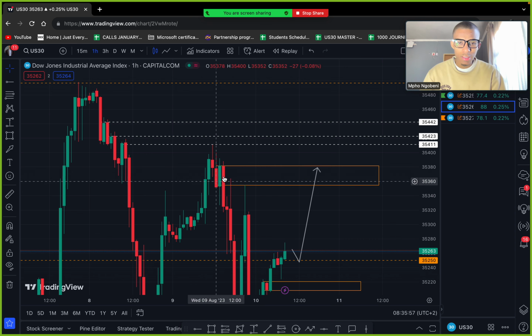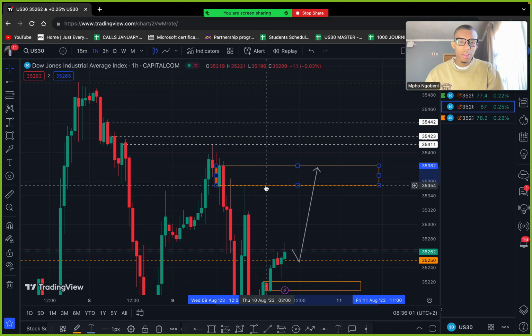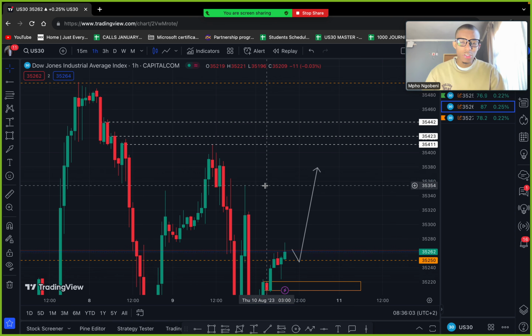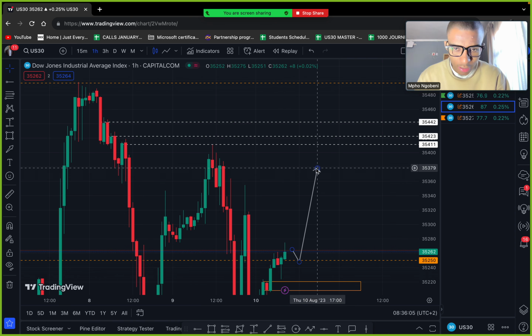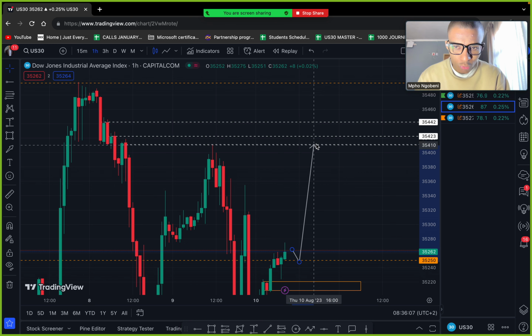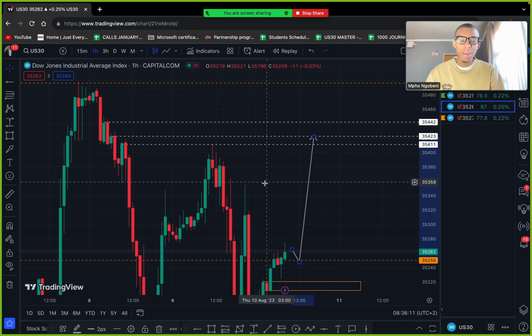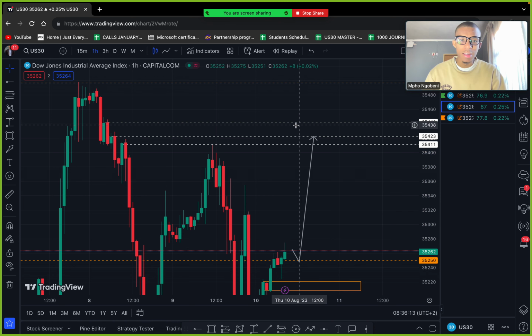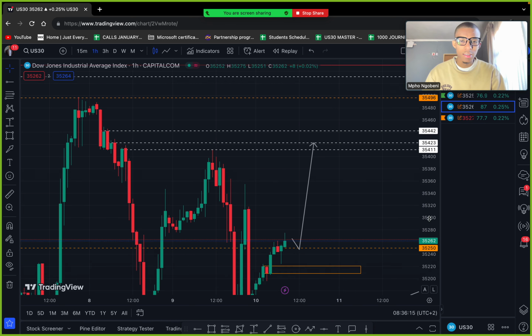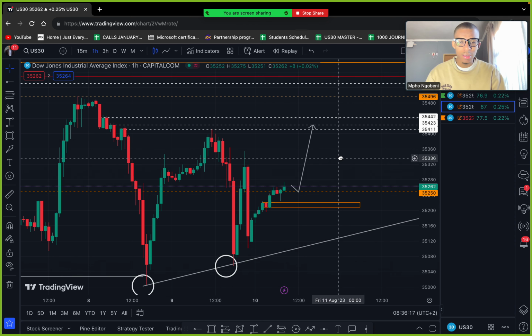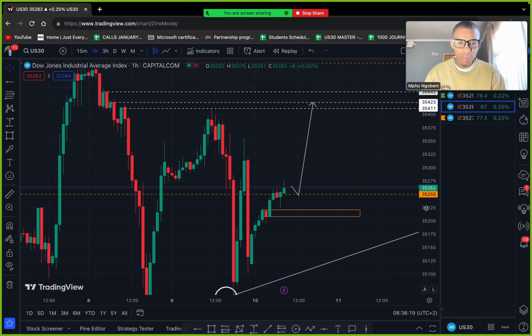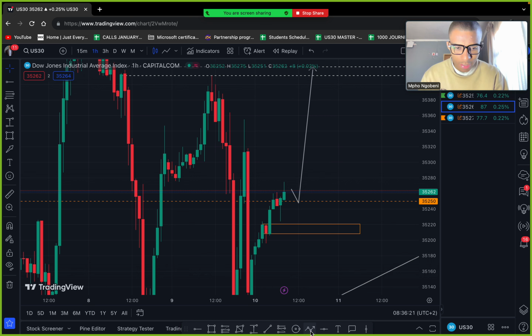I could say this zone has already been taken out, retested once, twice, so I think removing it is not a bad idea. Maybe aim not for this zone because it's been taken out, but aim for that zone to see what's going to happen at that area. So I think that's a good idea. Here at the key level we had a break. As you can see, this was the break.